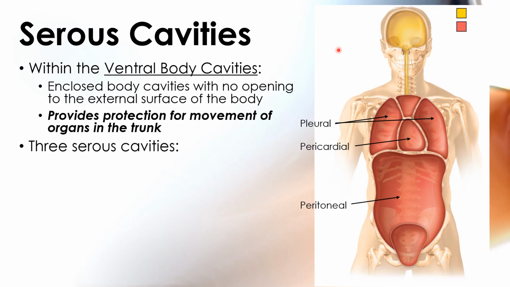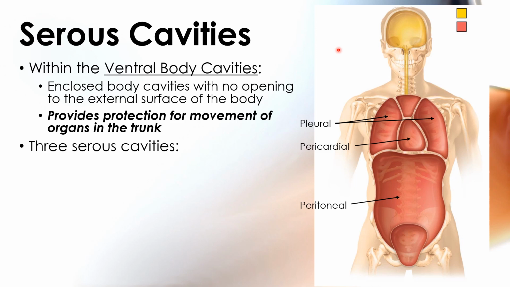So it's going to protect the organ from the trunk, from the ribs, from any sort of bony structure, right? Because our organs are going to be moving in there. Think of the pumping heart, think of the inflating lungs, right? So they're going to be moving in there, and so this is going to decrease the friction in the movement and provide protection for the organ when it does move.